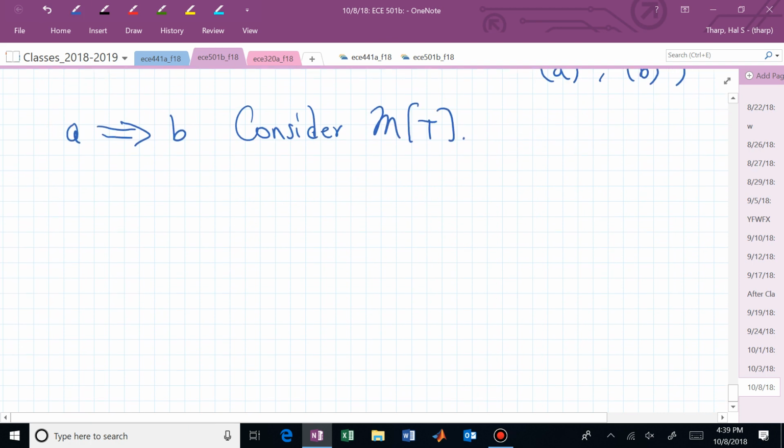So now we have an upper triangular matrix representation of T. What's the nth column of that matrix representation look like?